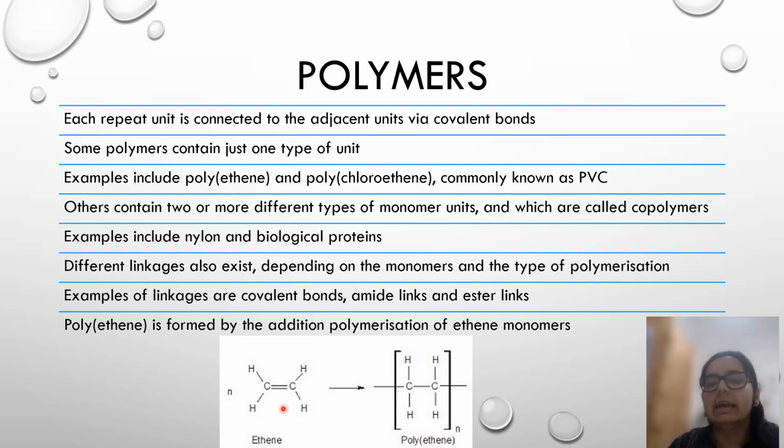It is called addition polymerization. The double bond is broken, and then it forms bonds with the next adjacent ethene molecule, and we get a long chain, and that is polyethylene. And this number n is because we will have n number of ethene molecules. We don't know how many there can be, so we represent it with the subscript n.